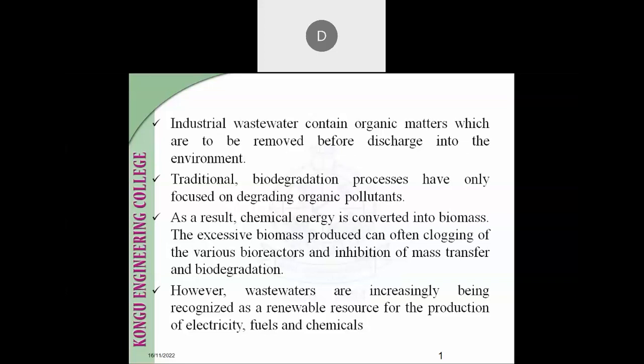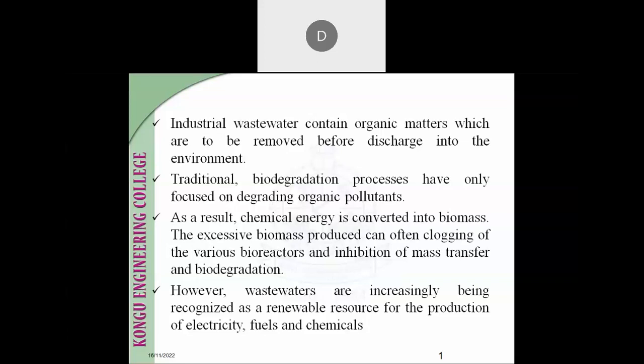And another thing is the usage of fossil fuel. Of course, the usage of fossil fuel has increased in recent years. And also global climate change is caused by the combustion of fuels, which releases more carbon dioxide into the environment.